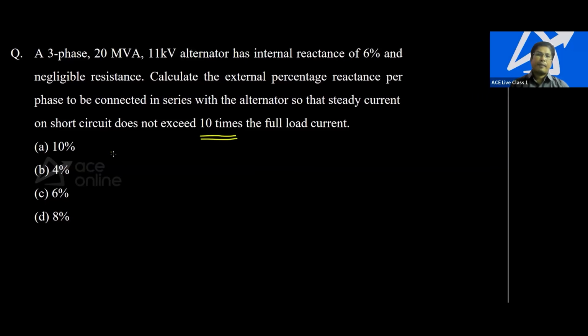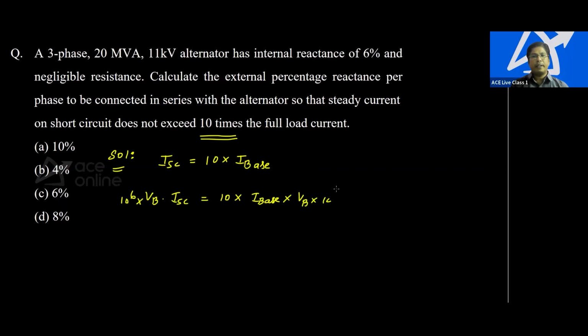It is given that the short circuit current is 10 times that of the full load current, that is the base current. When you multiply ISC with V base into 10 power 6, it is equivalent to 10 into I base into V base into 10 power 6.